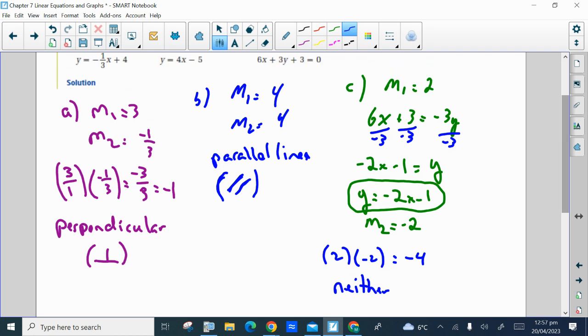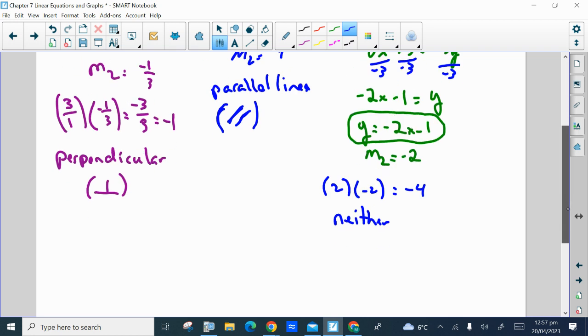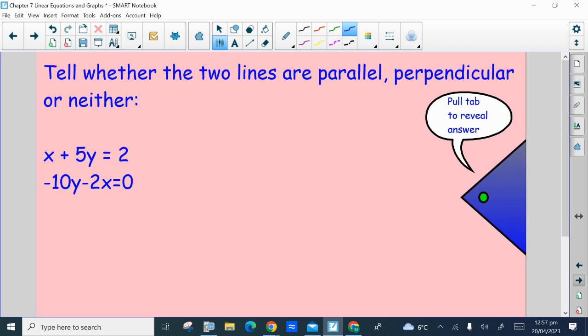So there are two things you can check for perpendicular lines. Compare them. If they're negative reciprocals, they are perpendicular. The other thing, multiply the slopes together. If that product is -1, they'll also be perpendicular. But if it's not -1, then it's neither.